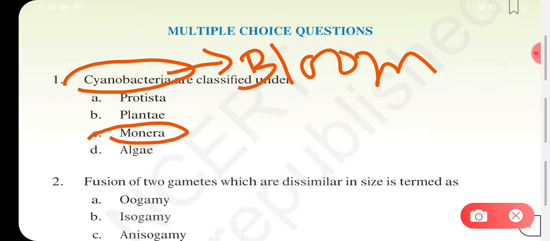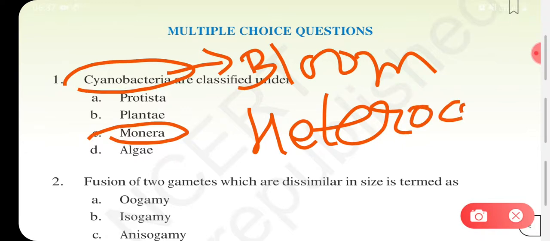They are responsible for fixing atmospheric nitrogen in their specialized cells called heterocysts. So in these cells the atmospheric nitrogen is fixed. Some examples of nitrogen fixing bacteria are Nostoc and Anabaena.